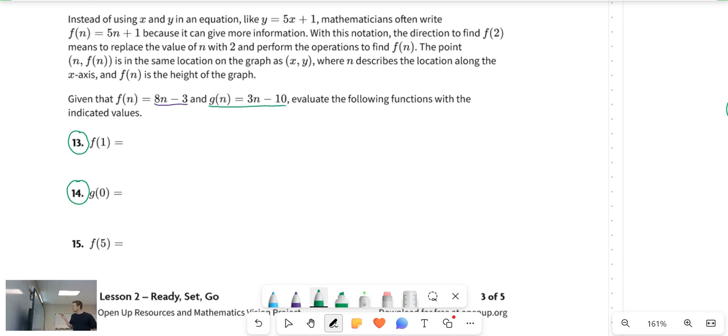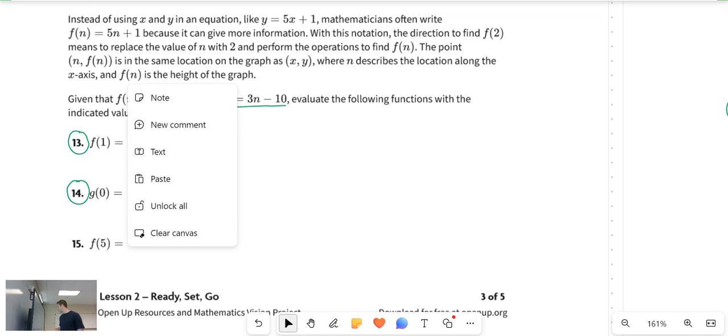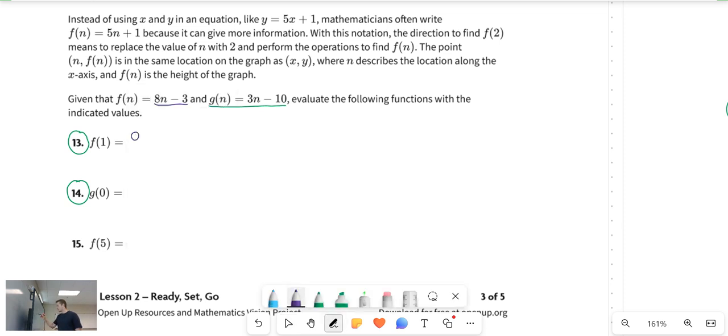All right, so we want to evaluate the following functions with indicated values. For 13, f of 1. We're looking at f, so let's do this in purple because f is purple. F of 1: we take our function, 8n minus 3, and we write 8, and then we plug in that 1 where we had seen n, and then minus 3.